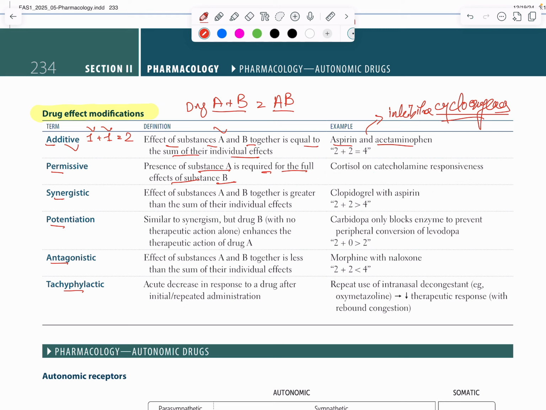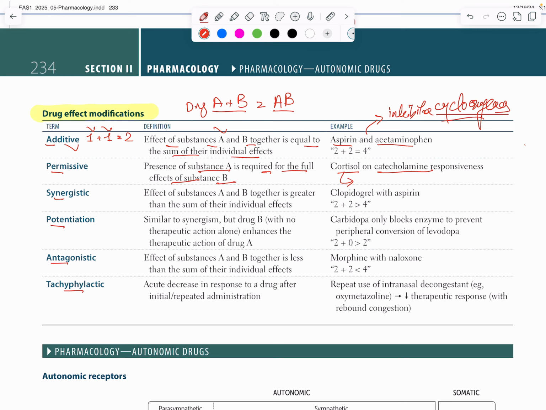We have one example of cortisol and catecholamines. First, we will look at the simple effect of cortisol. What is the cortisol doing? The cortisol upregulates the receptors on the arterioles. The receptors are alpha-1 receptors.